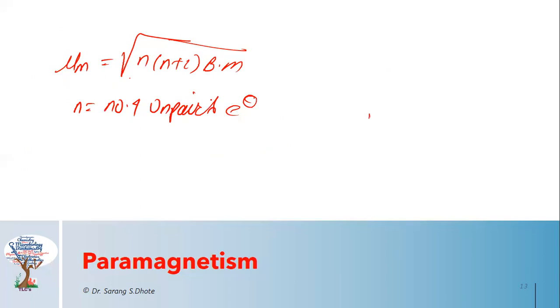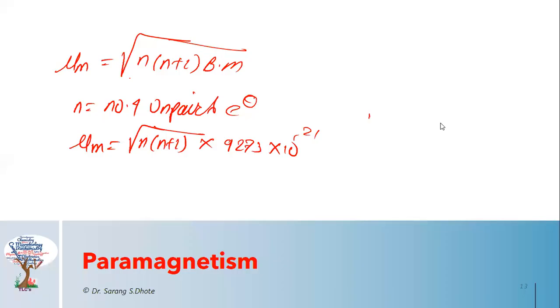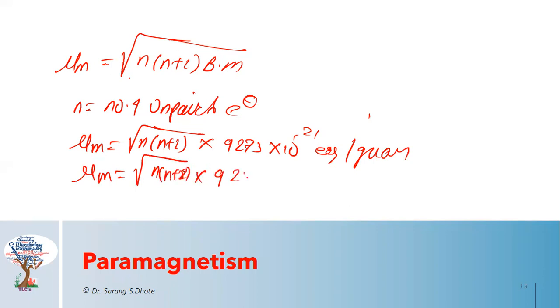In terms of the Bohr magneton, mu is equal to the square root of n into n plus 2, into 9.273 into 10 raised to power minus 24 joule per tesla.